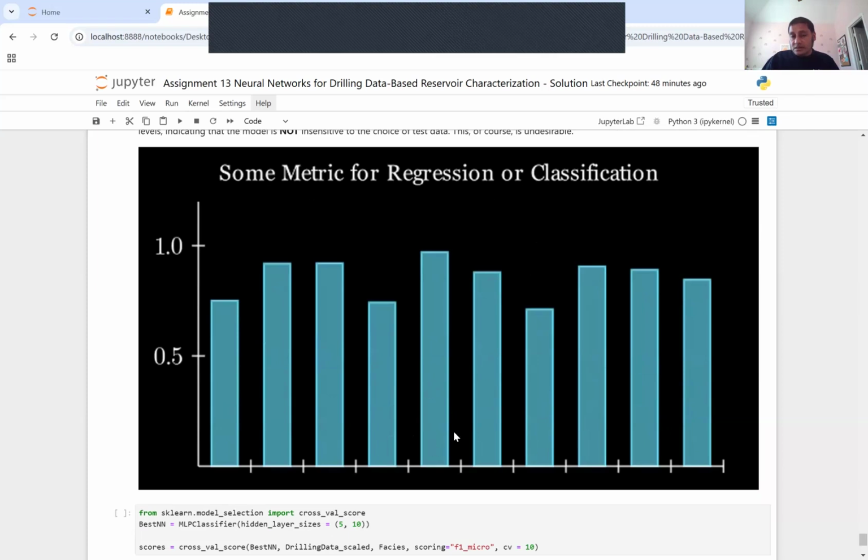We can see that with certain folds, the model performs really well, and with other folds, the performance is a little bit weaker.